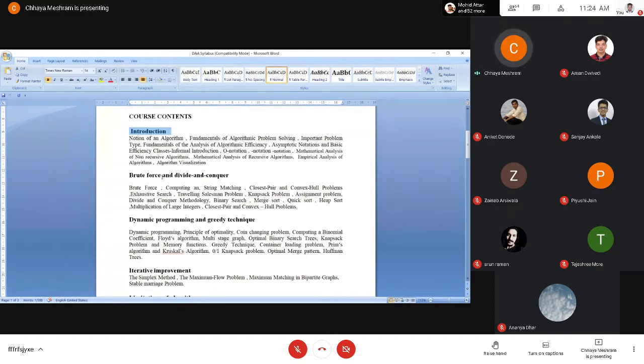So, brute force is related to string matching. So, brute force computing and string matching. Then what is the convex hull problem? What is the meaning of traveling salesman problem? What is knapsack problem? What is assignment problem? So all that we have to study under this brute force.